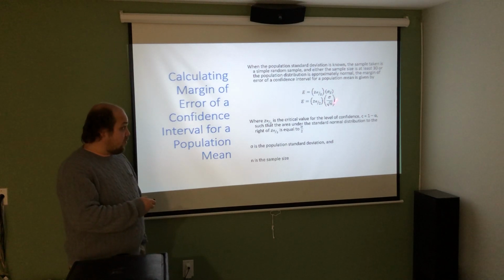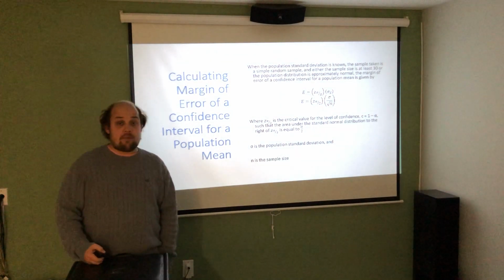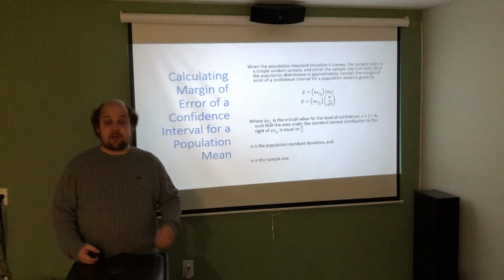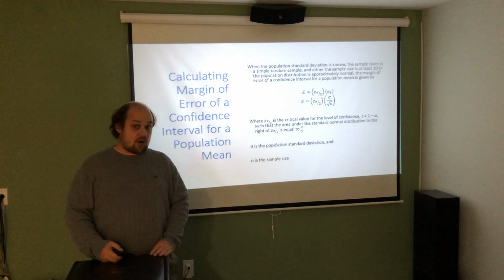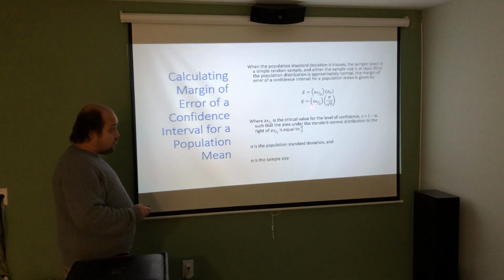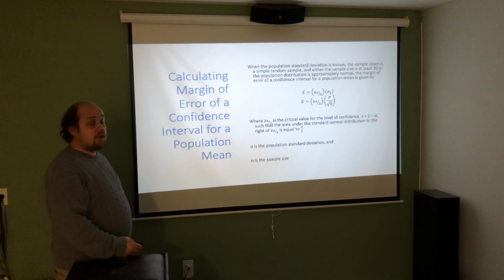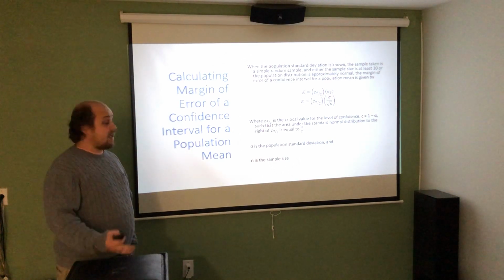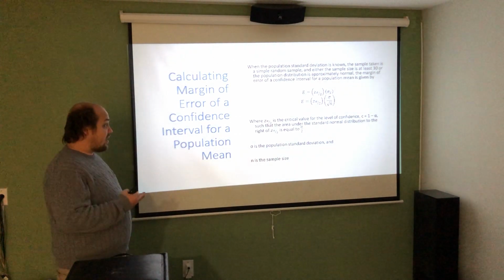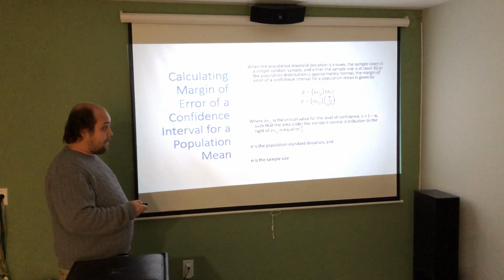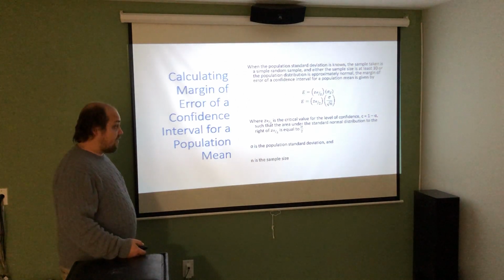The sigma over root n is exactly what goes on bottom of our central limit theorem probability problems when we're calculating a z-score. The only thing that's kind of new is this z alpha over 2 idea. So what that really means is we're looking for a critical value based on the confidence level, where 1 minus alpha represents the confidence level.